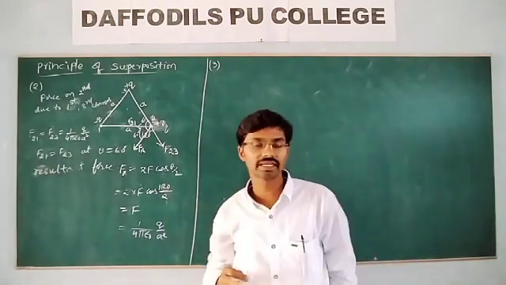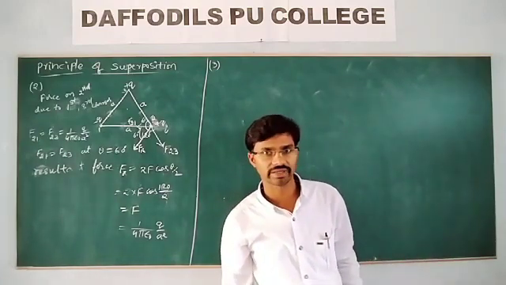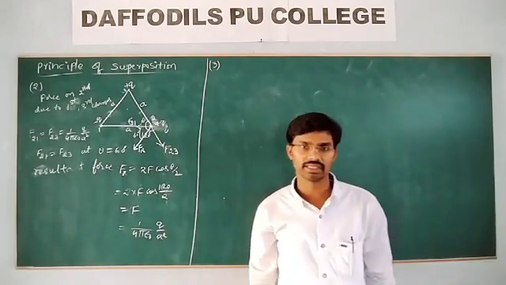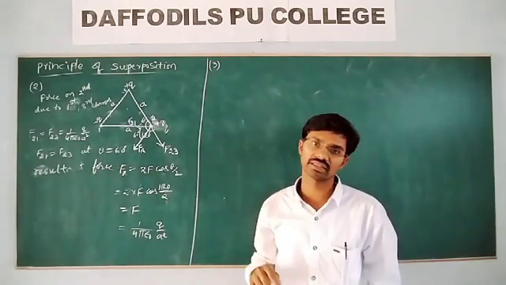Four charges are placed at the four vertices of a square of side A. Then what would be the force acting on one charge due to the remaining three charges?